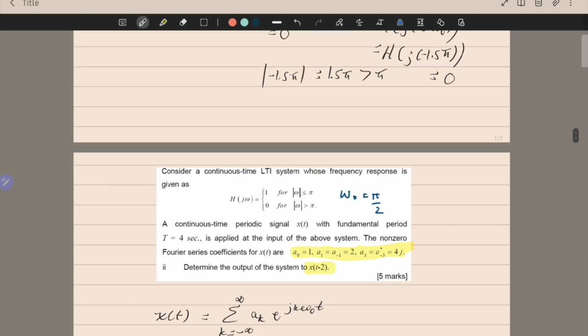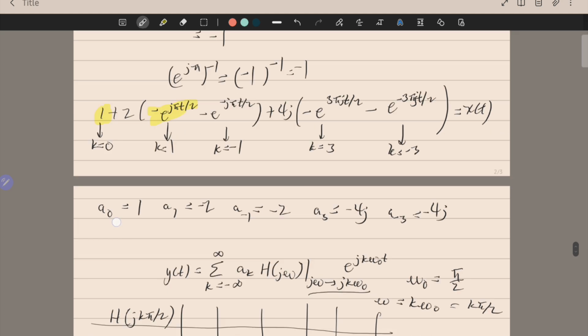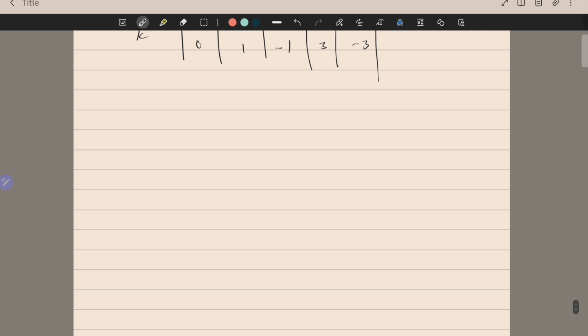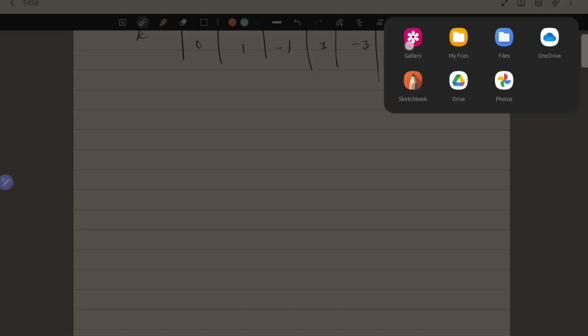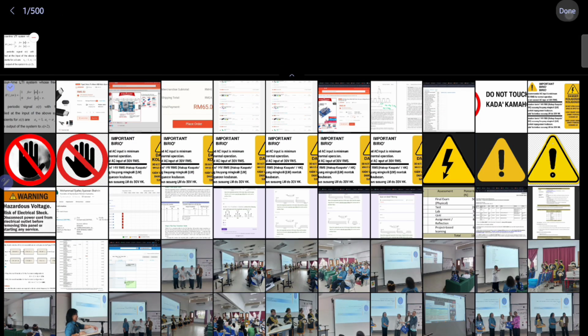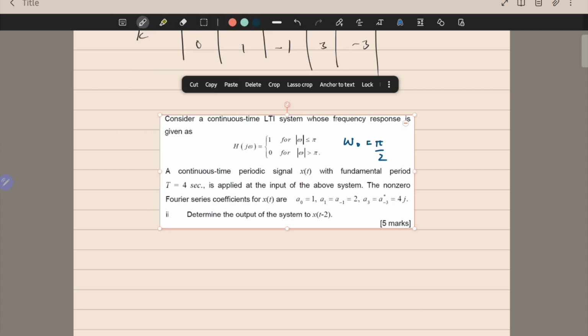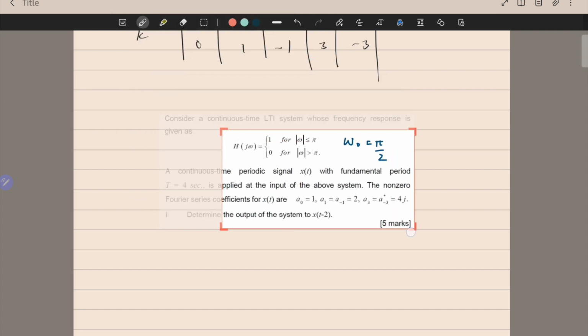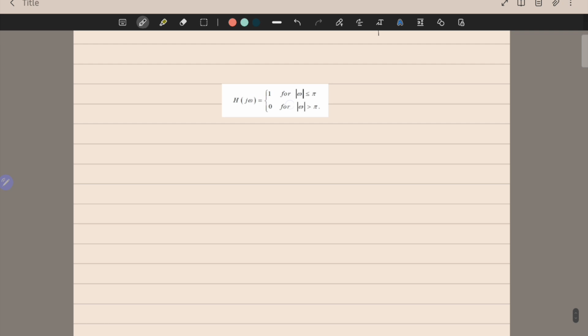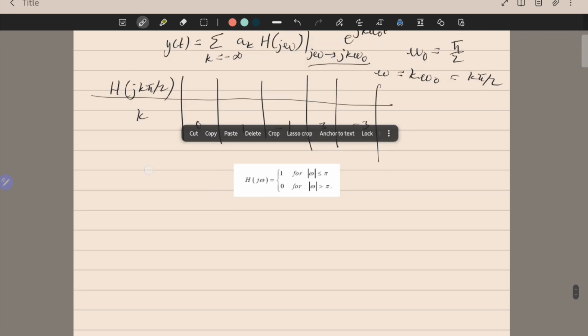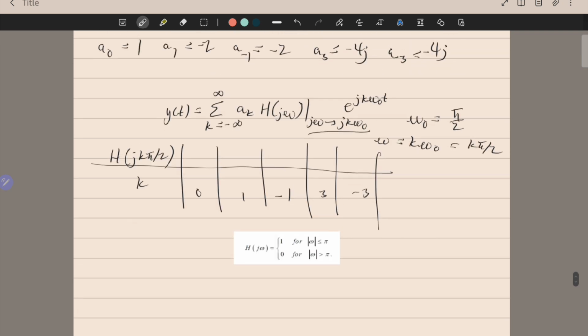Again, look at this. When k is equal to 0, then omega is also 0, and that's less than π. So this is 1. When k is equal to 1, we have omega equals π over 2, right?